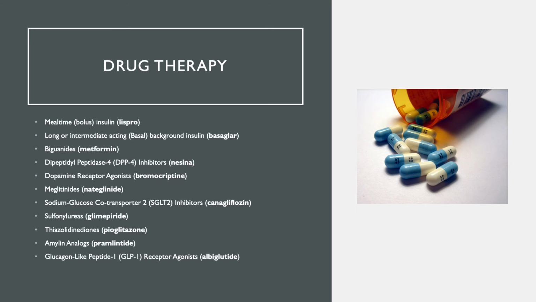And then there's a long-acting one called Basaglar, also known as long or intermediate acting. That one usually lasts a pretty long time, and we'll talk about that in the next slide. Common pills that are usually prescribed are metformin, glimepiride, glipizide, Nesina, and bromocriptine.